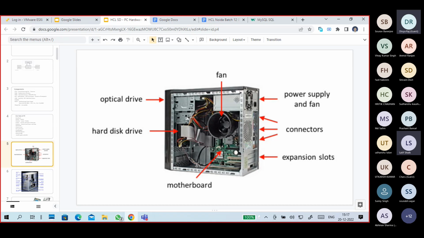SMPS is also inside your cabinet only. We connect to this cabinet from outside, from the backside. You can connect monitor, power supply, keyboard, mouse, LAN connections, front panel, power button, power LED, hard disk LED, USB connections, and audio connectivity is also there.